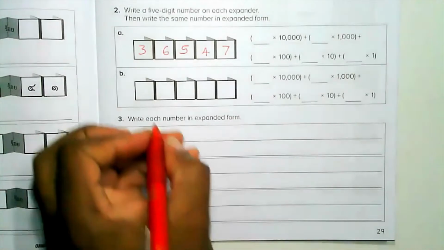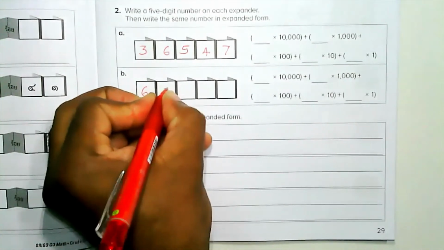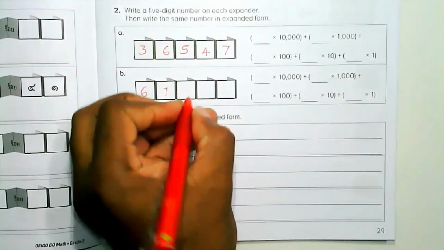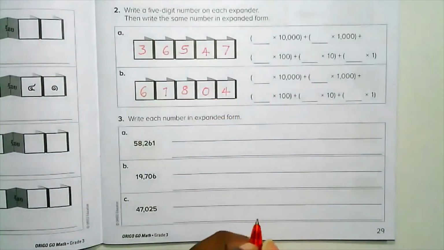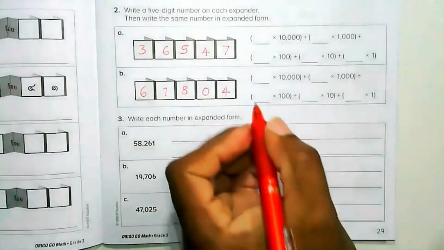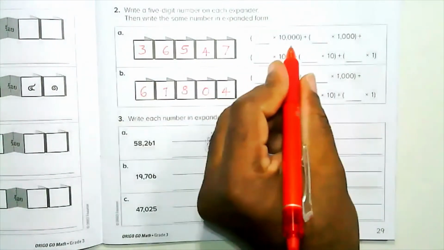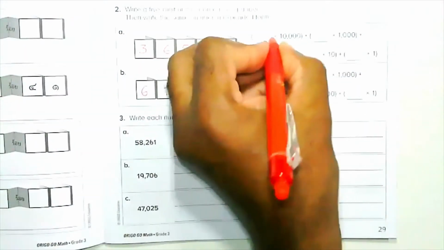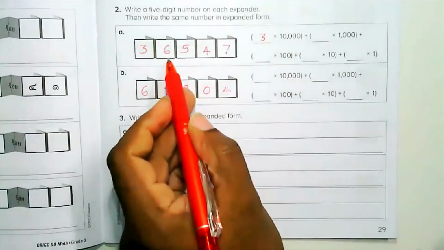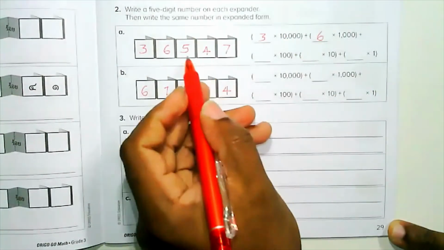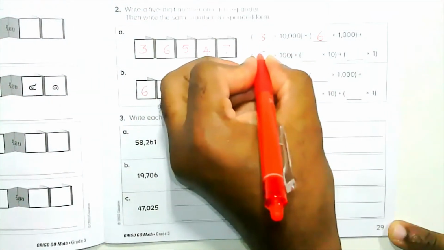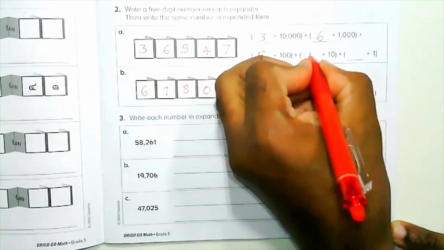And part B, we have 61,804. So let's write them in the expanded form. So the 10,000 will be 3. The thousands will be 6. The 100 will be 5. The tens will be 4.